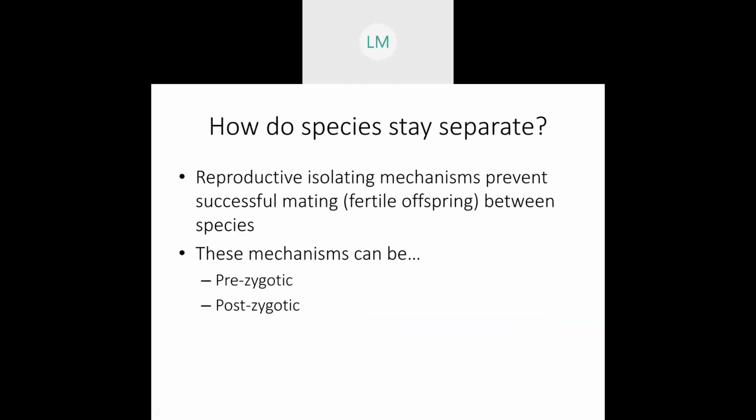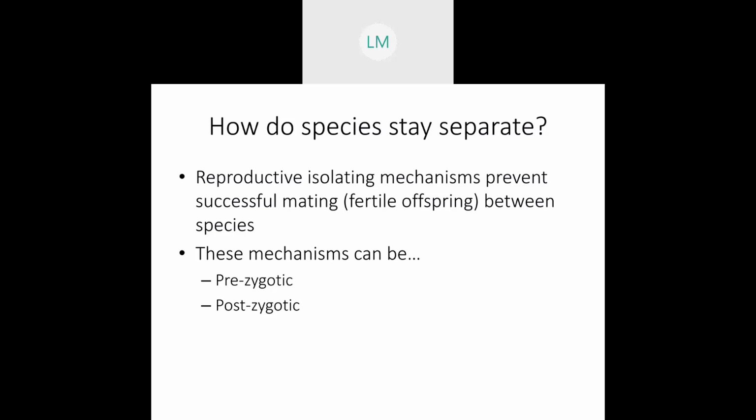These mechanisms can be pre-zygotic or post-zygotic. If we remember talking about a zygote, that unicellular diploid structure that's the result of fertilization, some of these reproductive isolating mechanisms happen before that zygote is formed. Some happen after the zygote has already been formed.